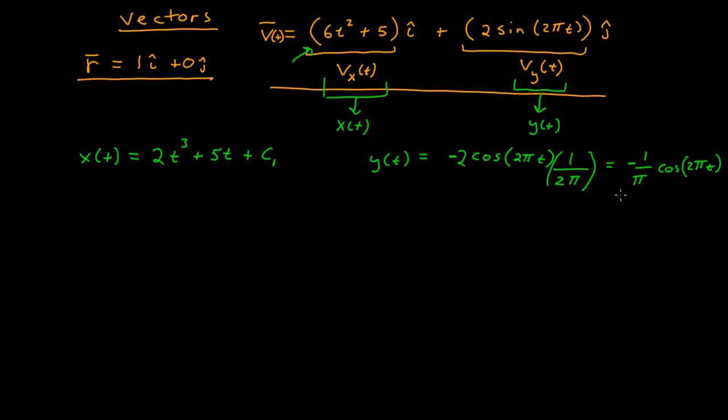So this is now the antiderivative, and I check this because I can differentiate this, use the chain rule, and I'll recover 2 sine of 2 pi t. Okay, plus, I can't forget, my integration constant c2.